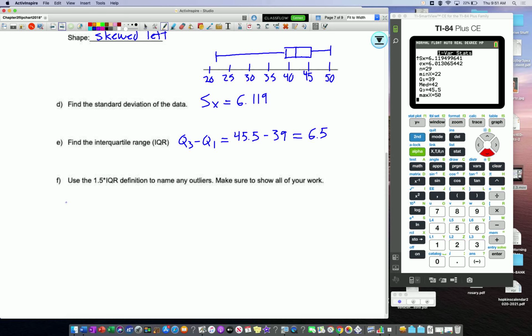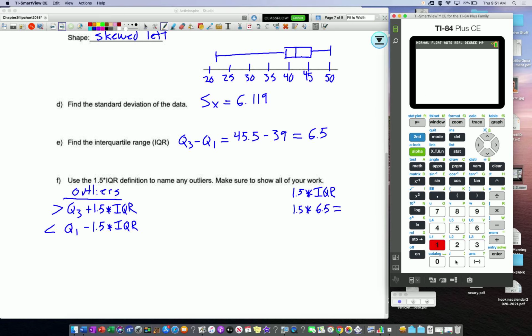So remember, outliers, by definition, are values that are greater than the third quartile plus 1.5 times the IQR, or less than Q1 minus 1.5 times the IQR. So here's the cool thing. Here's my IQR. So over here, I'm just going to go 1.5 times the IQR. So 1.5 times 6.5.